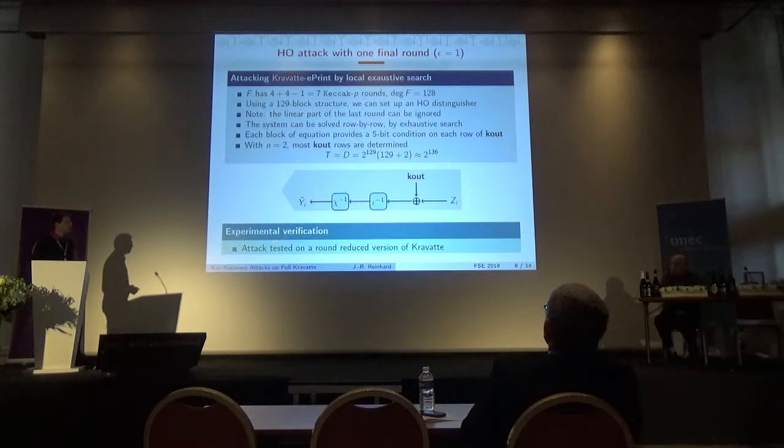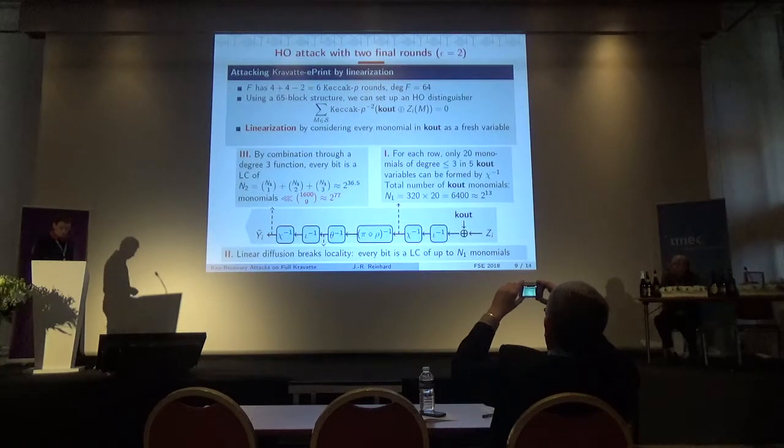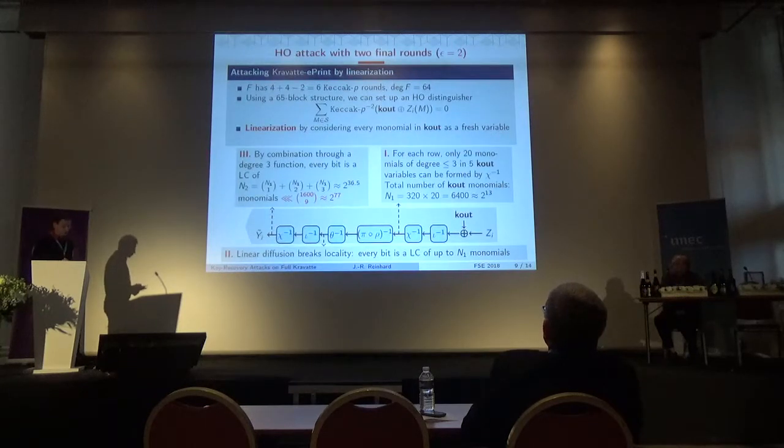This was experimentally verified on a round-reduced version of Kravatte. We can do a little bit better by considering the last two rounds. Now the function f has degree 64, and we consider 65 block messages for the structure.